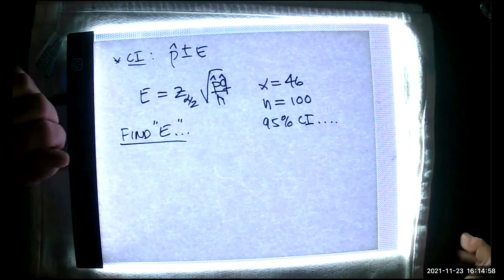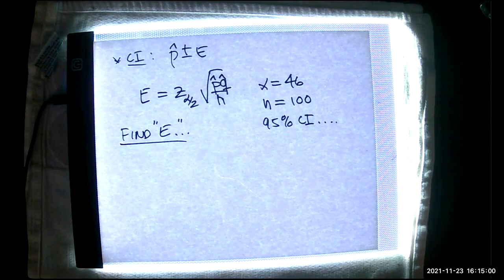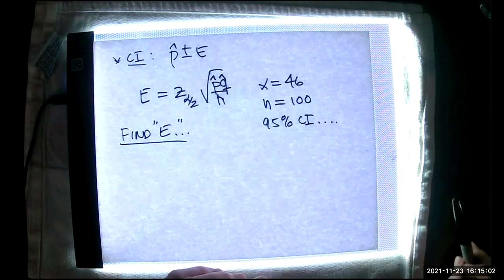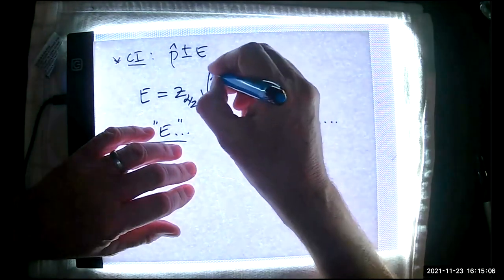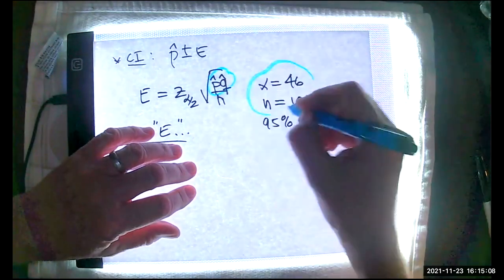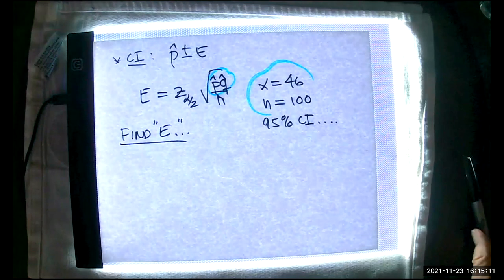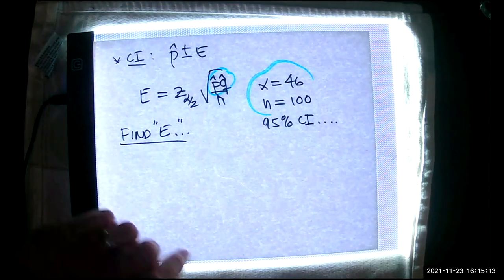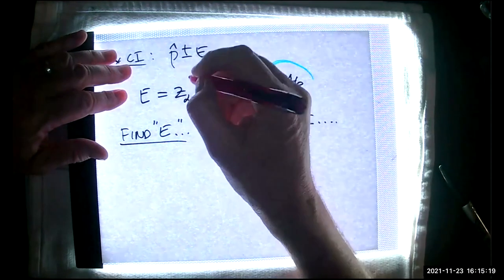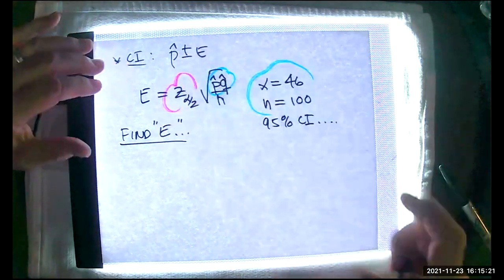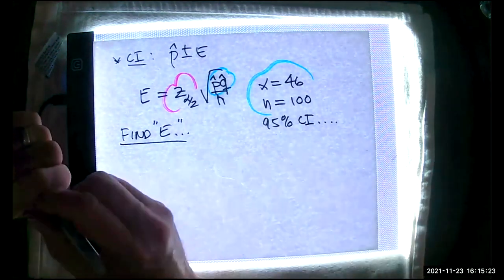And to do that, I've got to remember a couple of things. At the most basic level, I've got to remember how to calculate p hat and q hat from my sample. That's not hard to do. Then I also need to be able to calculate my critical value or values.